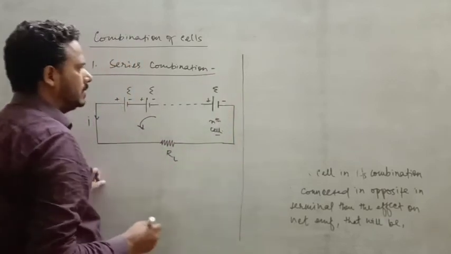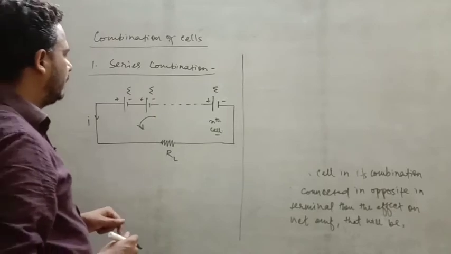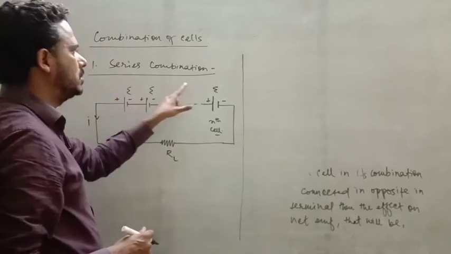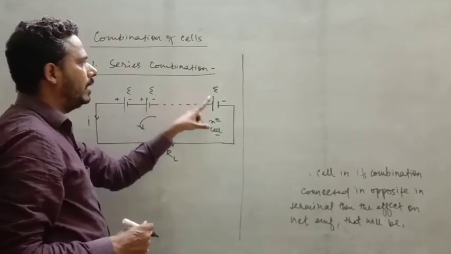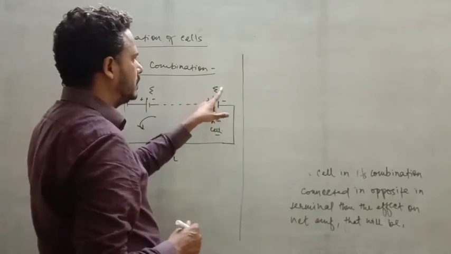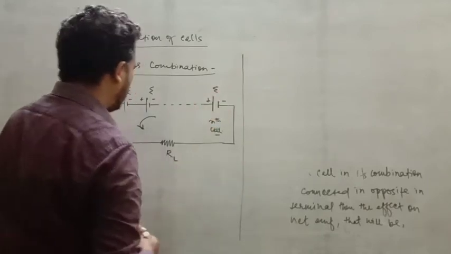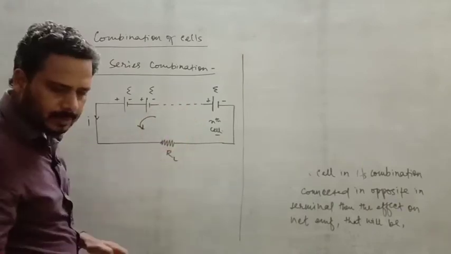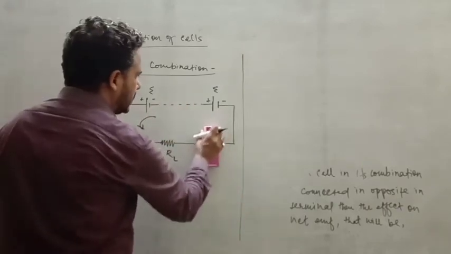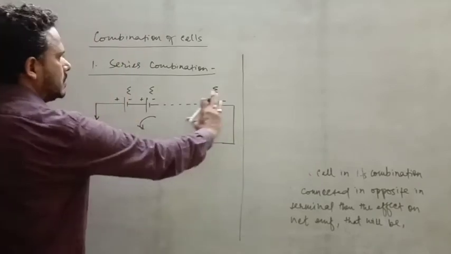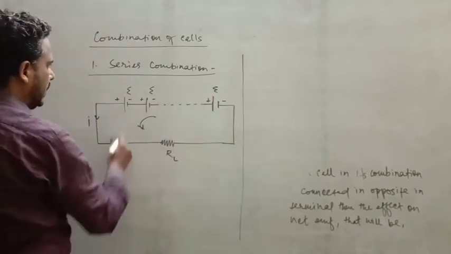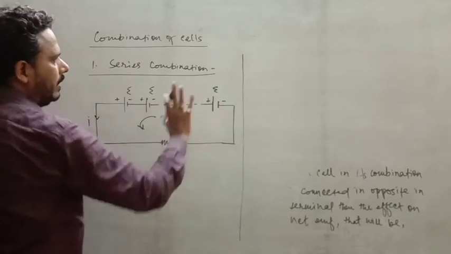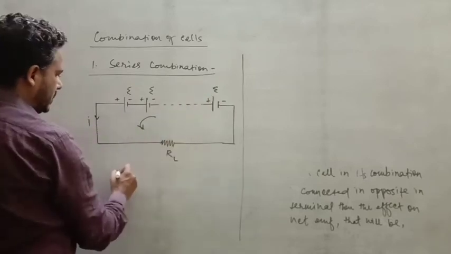The magnitude of each cell's EMF, suppose 5 volt. So see, two conditions are there. First, all cells are of the same magnitude, and there are 10 cells, so n is equal to 10.